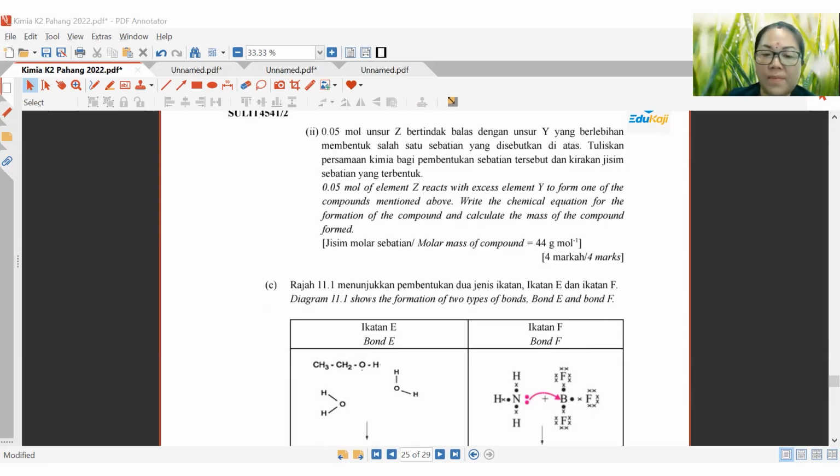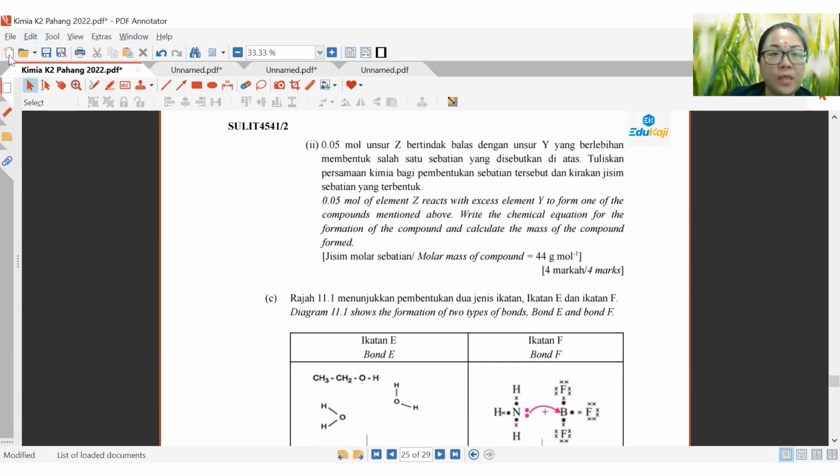Okay, how do we go about this type of question? Now, wait, because this one, I have it all typed. Now let me create a new document for this. 11B2.